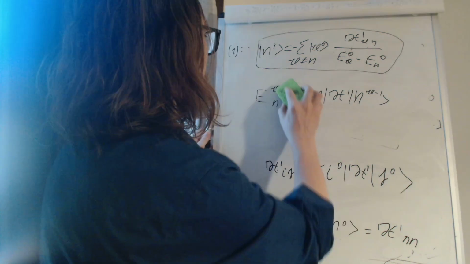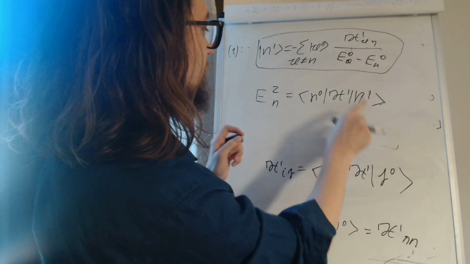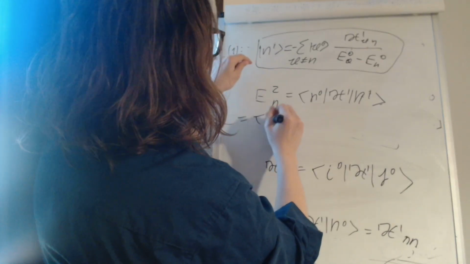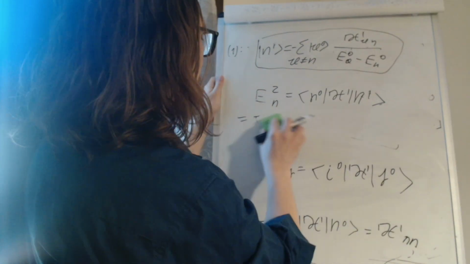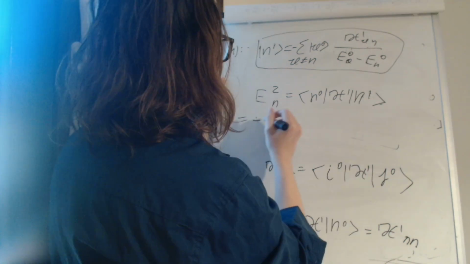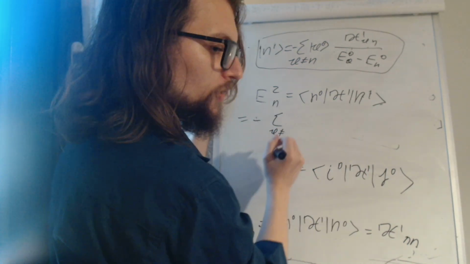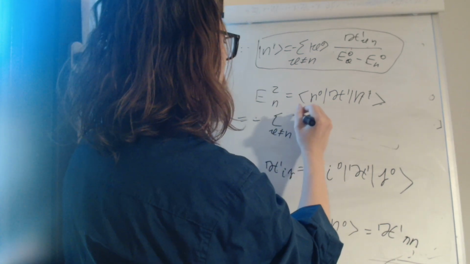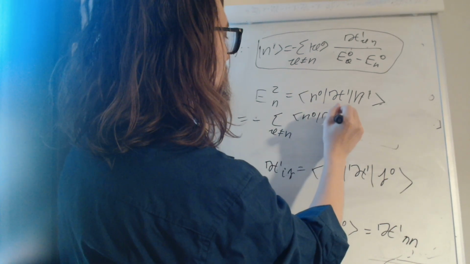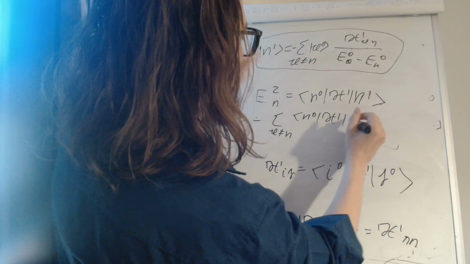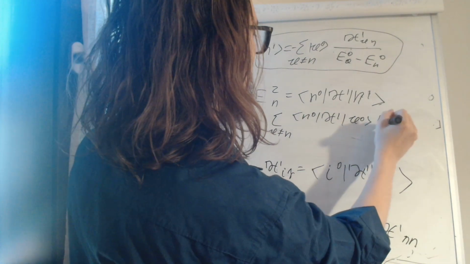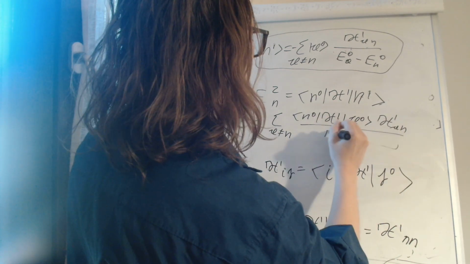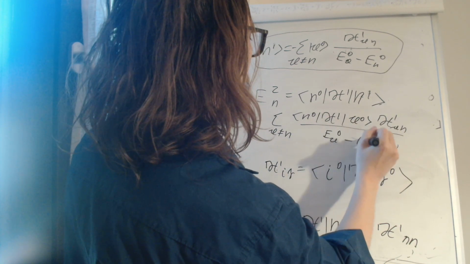So if k equals 2, we can expand this term, and we get n0, and I write everything inside the summation, so we get minus the summation for k different from n of n0 h1 k0 times h1 kn divided by ek0 minus en0.